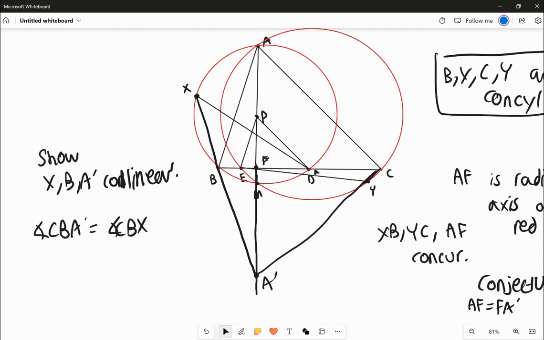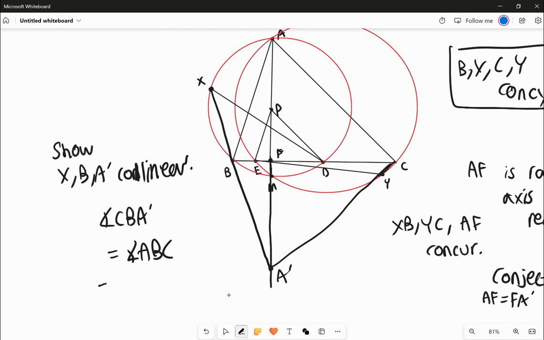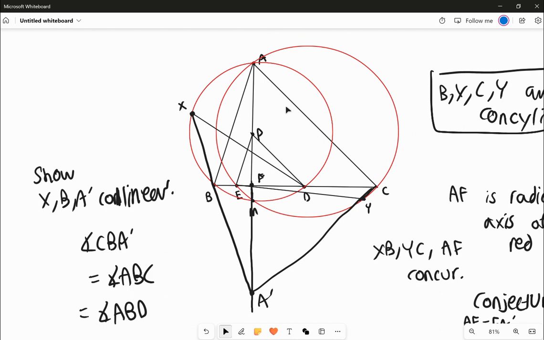And now we want to use our cyclic quadrilaterals. So directed angle CBA prime is equal to directed angle ABC, because A prime is a reflection of A across BC, and this is equal to directed angle ABD. In other words, it's a measure of arc AD.